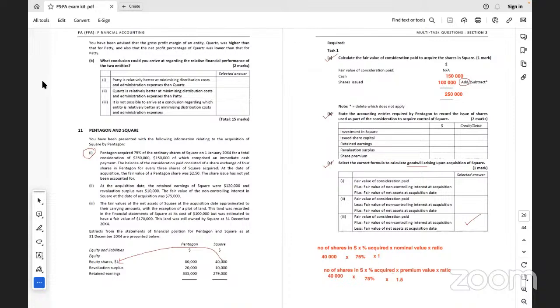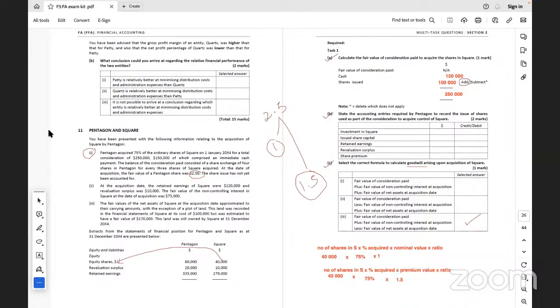How did I get 1.5? Understand the meaning of premium value. First, you take the market value. The fair value, meaning market value of Pentagon, is 2.5. From 2.5, nominal is 1, the minimum. Therefore the remaining answer is the premium, which is 1.5. So take the premium answer, and that's how I got it over here.